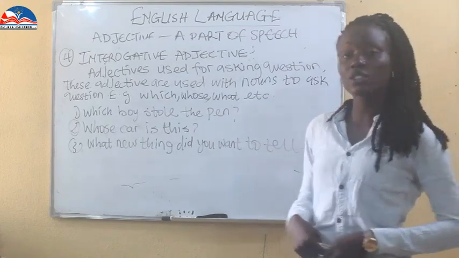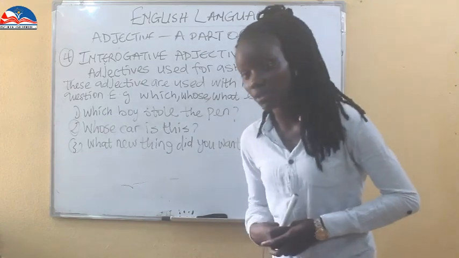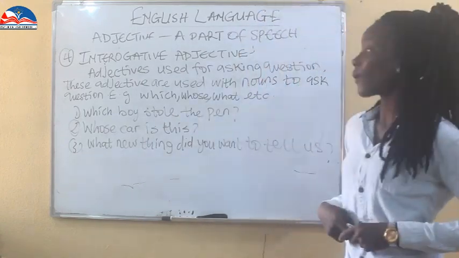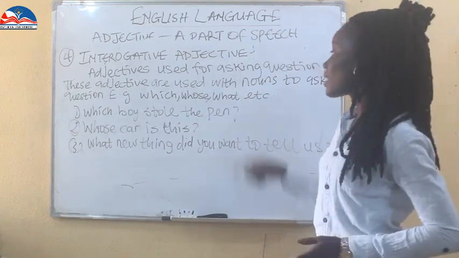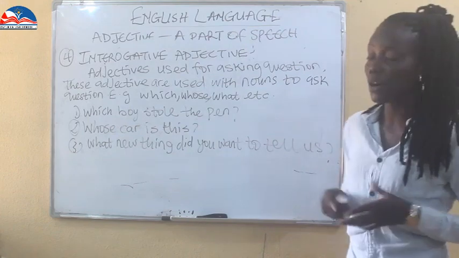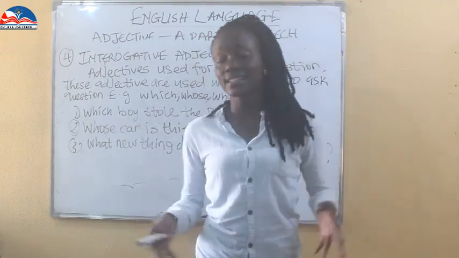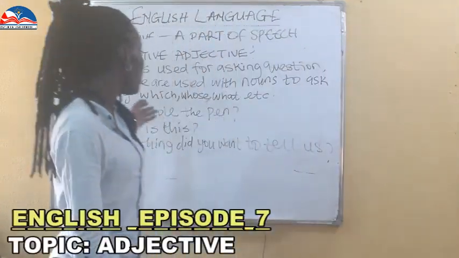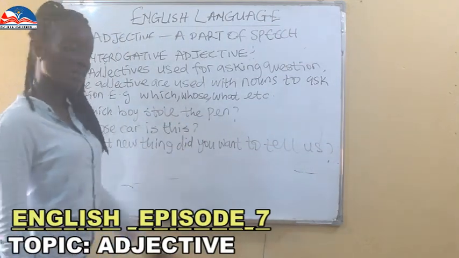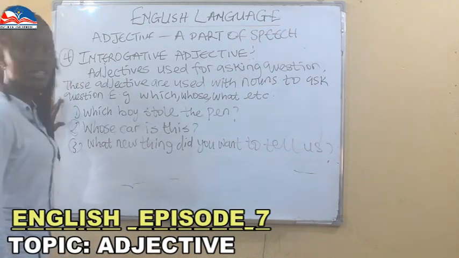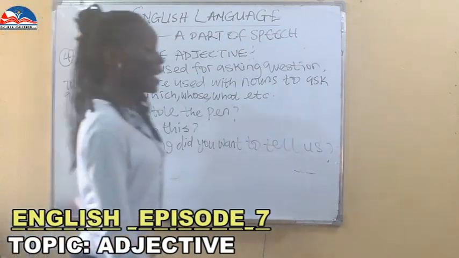This adjective is used for asking questions. Adjectives used for asking questions are known as interrogative adjectives. These adjectives are used with nouns to ask questions in a sentence. We have examples: which, whose, what, etc. Which boy stole the pen?